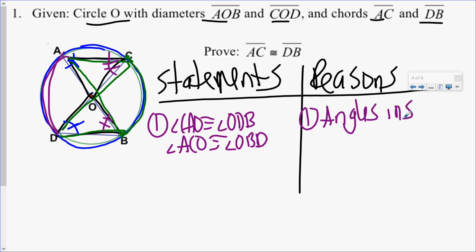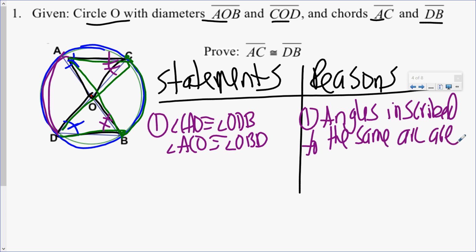Angles inscribed to the same arc are congruent. Or you could say inscribed angles that intercept the same arc are congruent. I just like writing it like this. So I have 2 things so far.